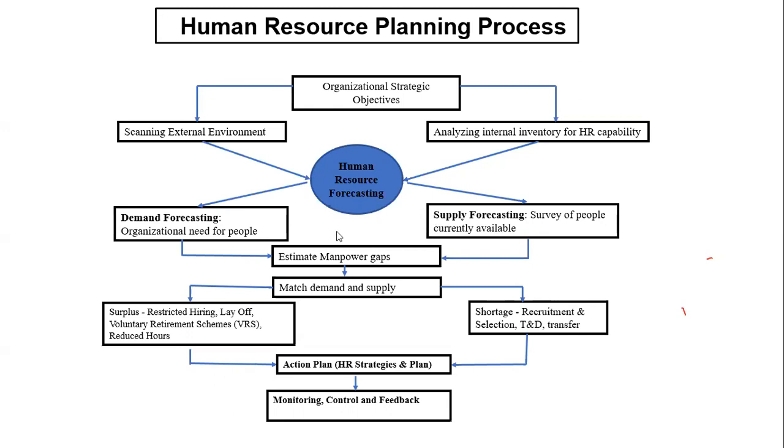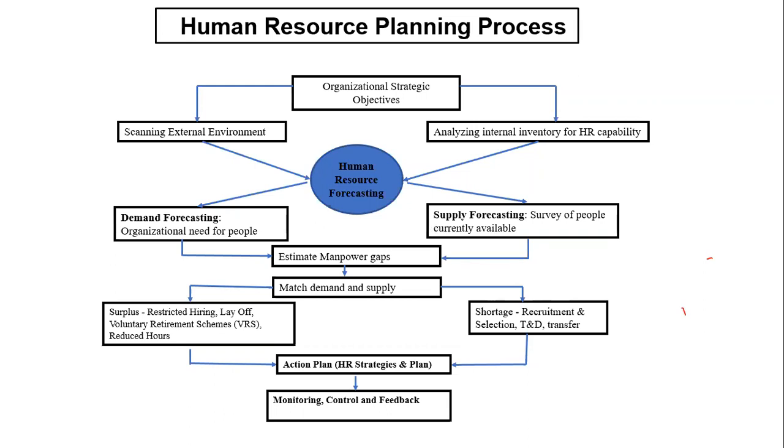Then the supply forecasting talks about how many will be available. So the operative word in the supply forecasting is availability, and the operative word in the demand forecasting is need. Okay, thank you very much.